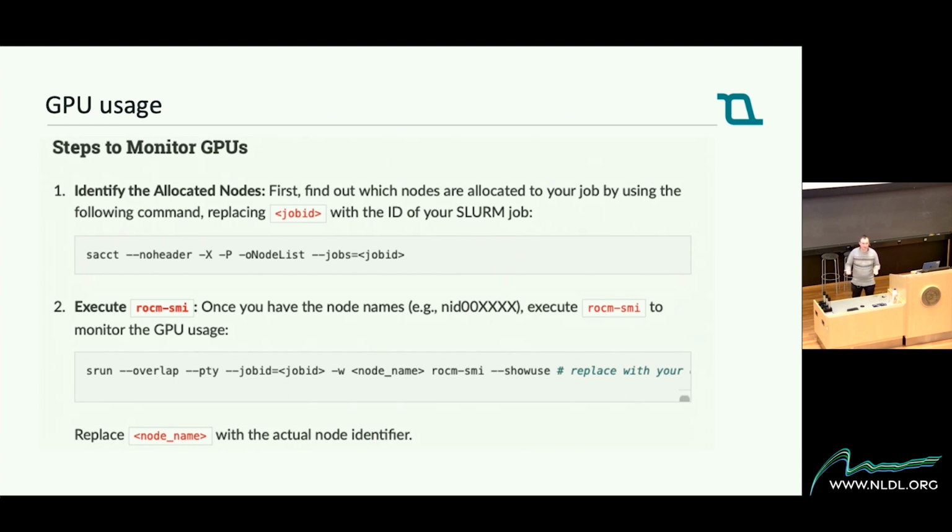When we figure out where things are running, we can run ROCm-SMI through srun, which is telling Slurm. Slurm is the scheduler Sabry was talking about. We can tell Slurm that we want to run ROCm-SMI. In this example, we are showing usage on top of whatever work is already going on on that particular node.